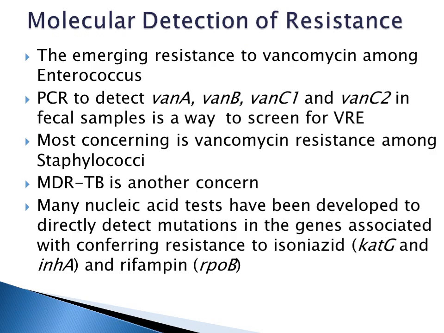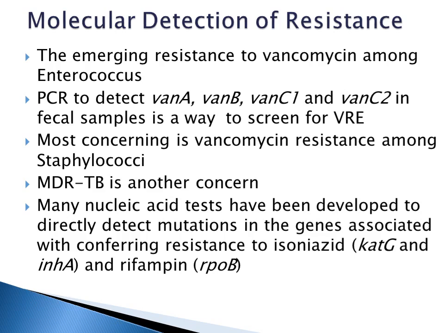Another organism that is highly resistant is vancomycin-resistant enterococcus. You can do polymerase chain reaction and other types of amplification to detect the vanA, vanB, and vanC1 and C2 genes to screen for the presence of vancomycin-resistant enterococcus.